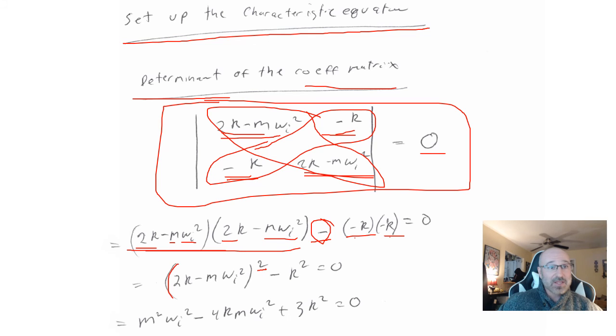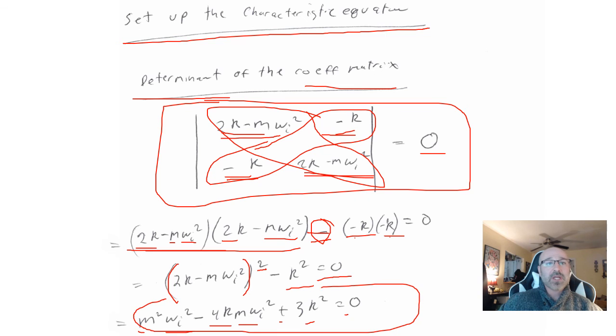So it's this squared minus our k value squared is equal to 0. We can reduce and simplify that a little bit further, and when we do that, we see that we have m squared omega sub I to the fourth minus 4k m omega I squared plus 3k squared is equal to 0. We end up with this equation after we take the determinant of that matrix.